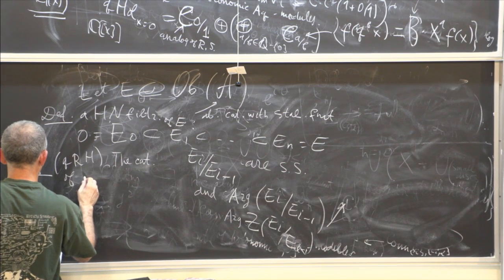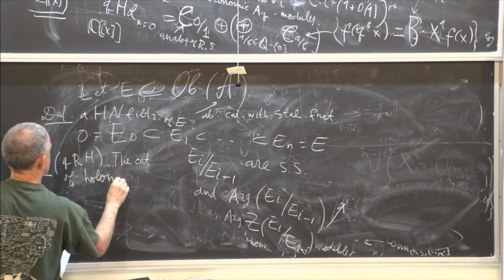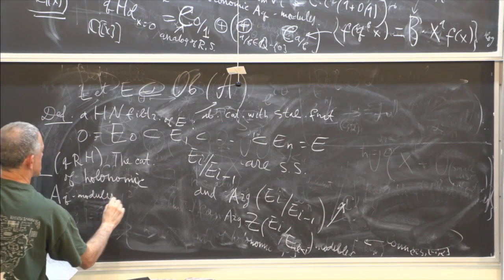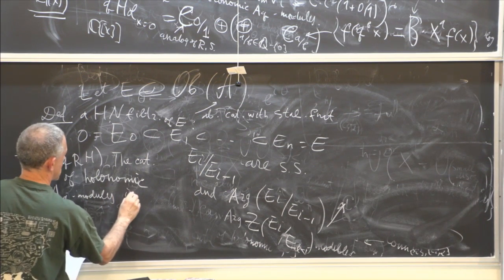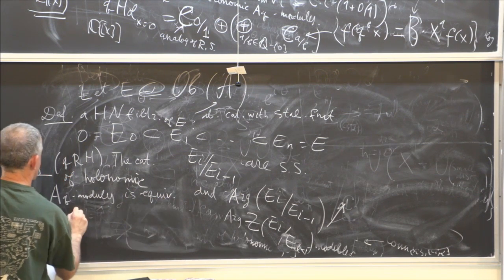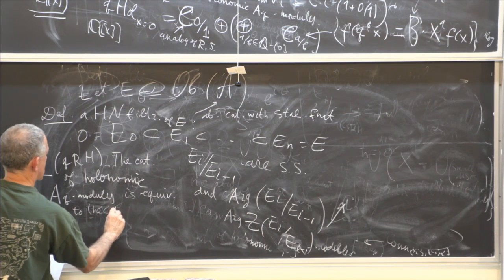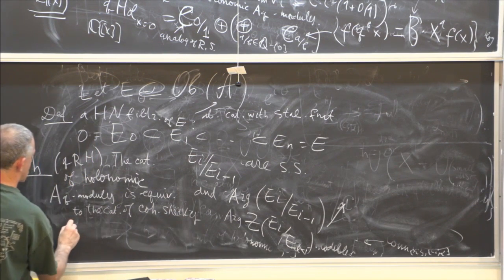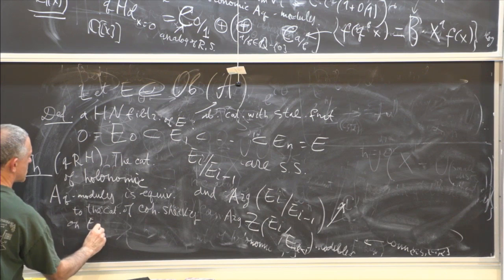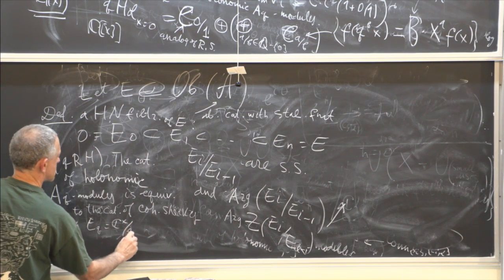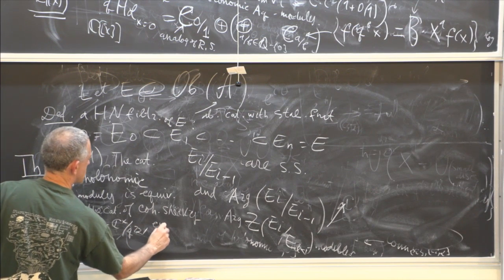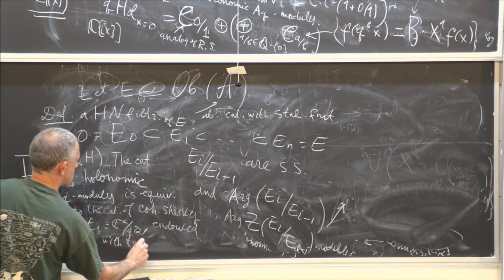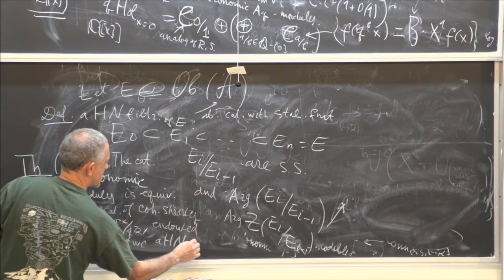The category of holonomic modules of the quantum torus is equivalent to the category of coherent sheaves, not constructible but coherent sheaves, on the elliptic curve, and these sheaves endowed with two anti-Harder-Narasimhan filtrations.